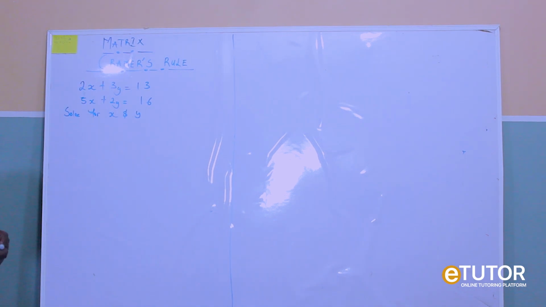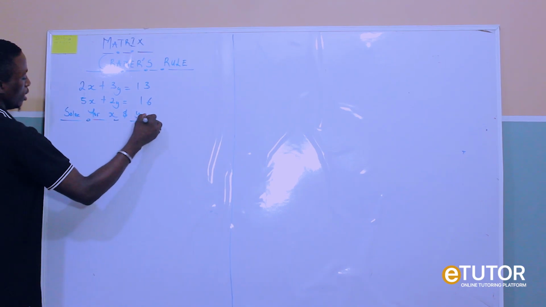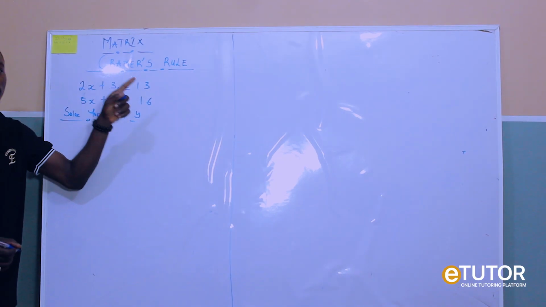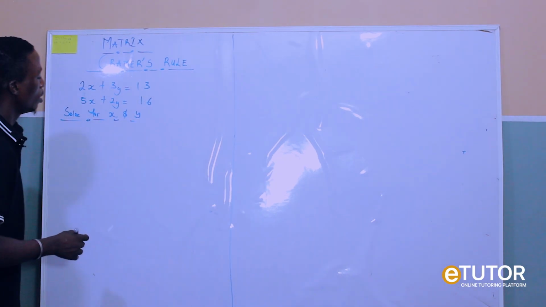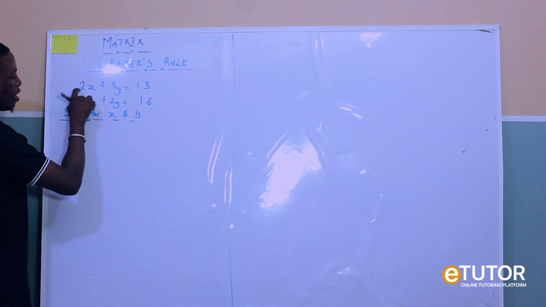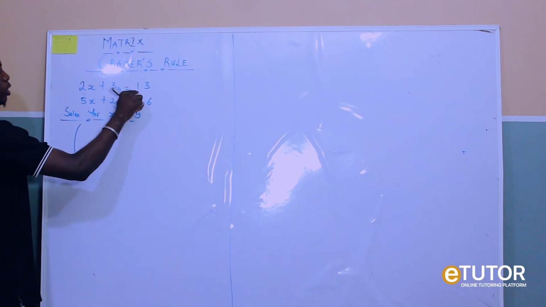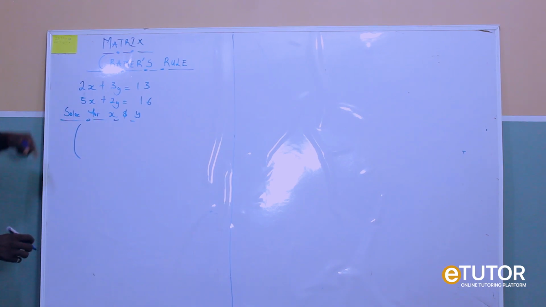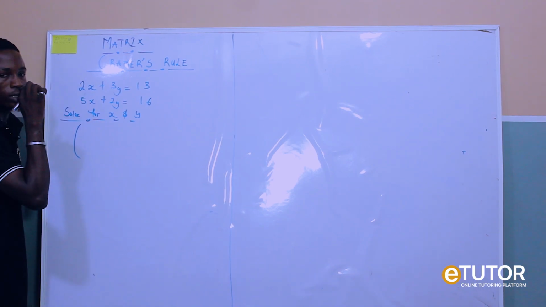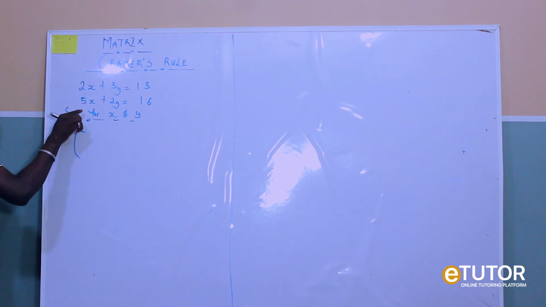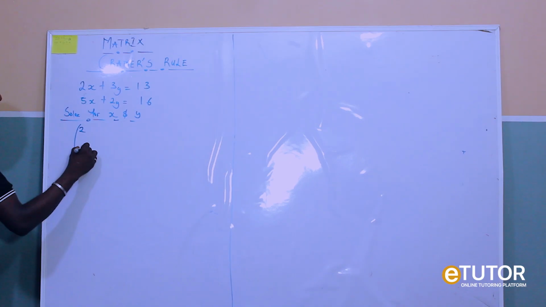Now, the very first step you have to take is to convert this set of equations into matrices. Let's do that together. So we'll have, open the brackets. Now, we have 2x plus 3y equals 13 here. To turn your equations into matrices, you have to use their coefficients. What's the coefficient of x here? We have 2. Write down the coefficient of x here too, which is 5.